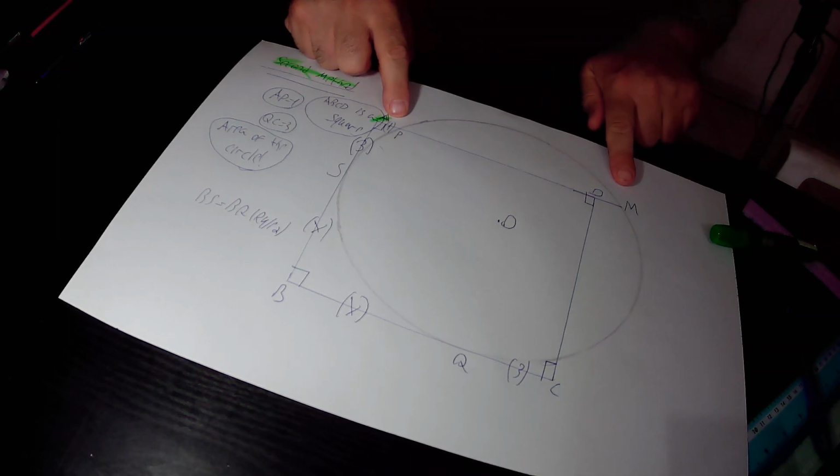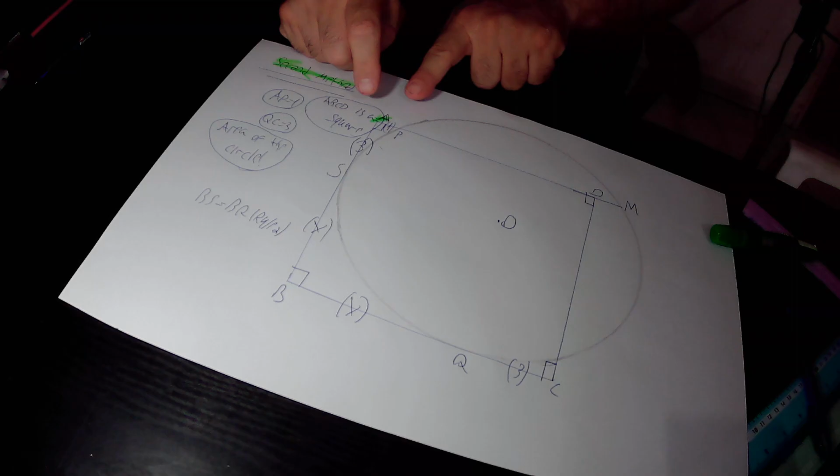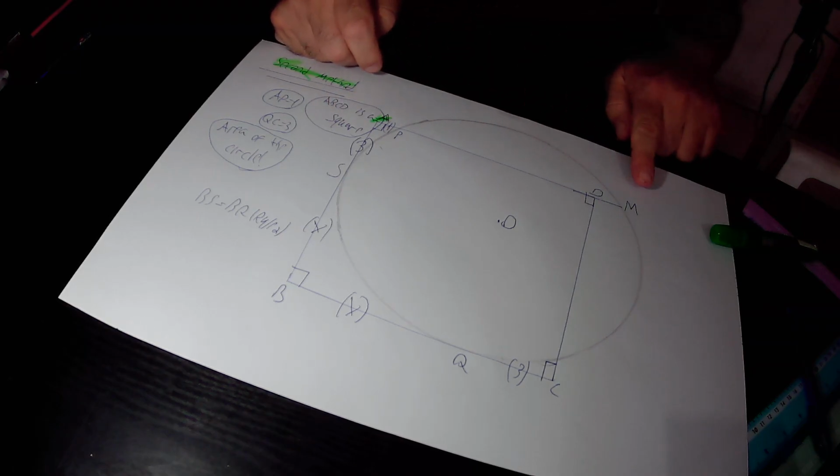So all the requirements of rule 10 are satisfied, and therefore we can implement rule 10. According to rule 10, we get that AS square equals AP times AM.